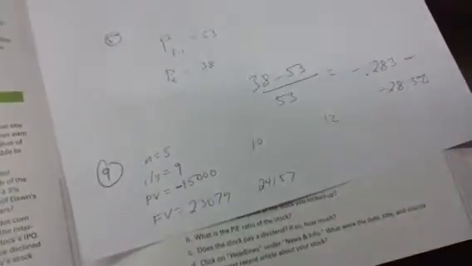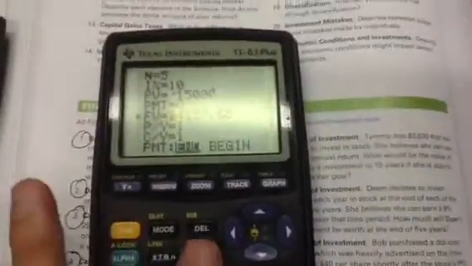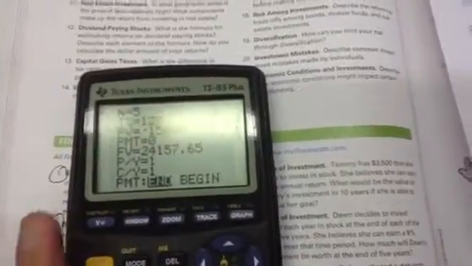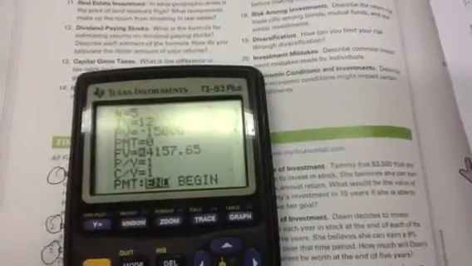How about 12% instead? $26,435. I mean, you get the idea here, which is you make a better rate of return, you get a lot more real money at the end of this. Right?